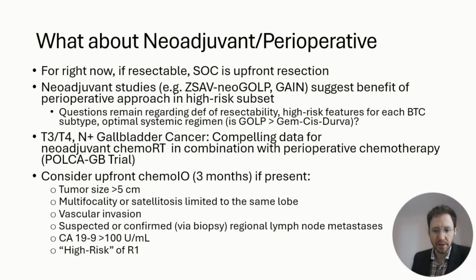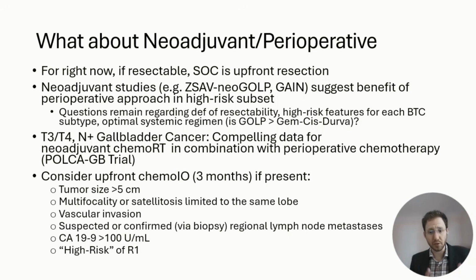And I think that well-defined is the key term there, where the future of these studies and their applicability in the clinic is really going to ride on a clear definition of resectability and high-risk features when it comes to biliary tract cancers as a whole, but really each anatomic subtype within these groups of diseases.